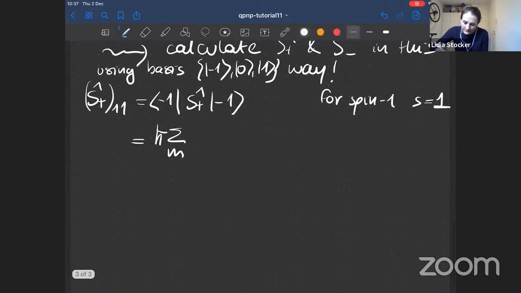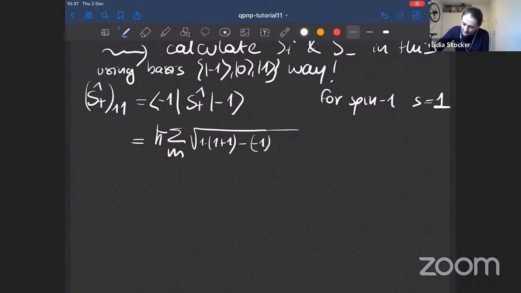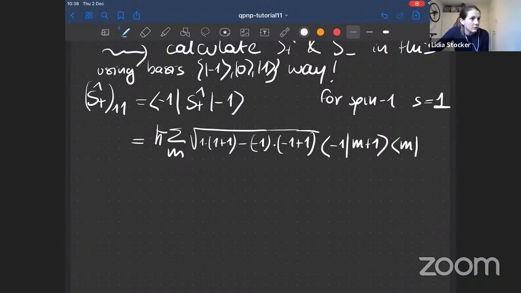And then I will have the square root of 1 times 1 plus 1 minus m times m plus 1, minus 1, m plus 1, and then here m and minus 1. So here we see that this is 0, sorry, square root of 2.